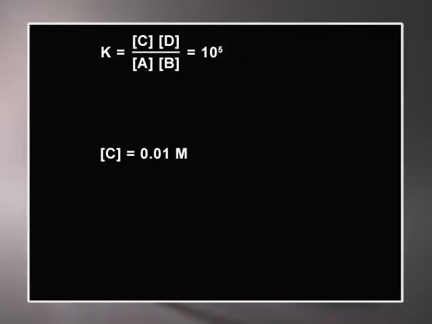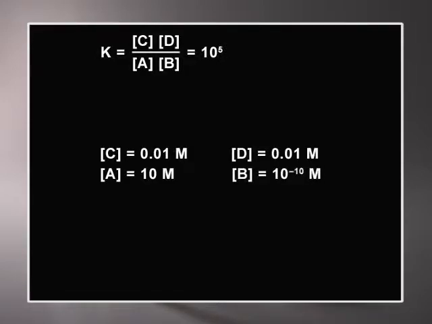And the equilibrium concentration of D was also 10 to the minus second molar. While the equilibrium concentration of A was 10 molar, lots of A, while the equilibrium concentration of B was very, very small, only 10 to the minus 10th molar.